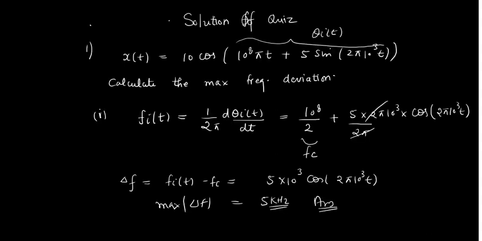And students have also tried a different way, but I prefer this way because this is a very particular case. We can also change to multiple tones or different messages. In that case, the other method which we are going to discuss might not be feasible. So what students have done is, we know that modulation index is defined as maximum frequency deviation divided by the frequency of your message signal.